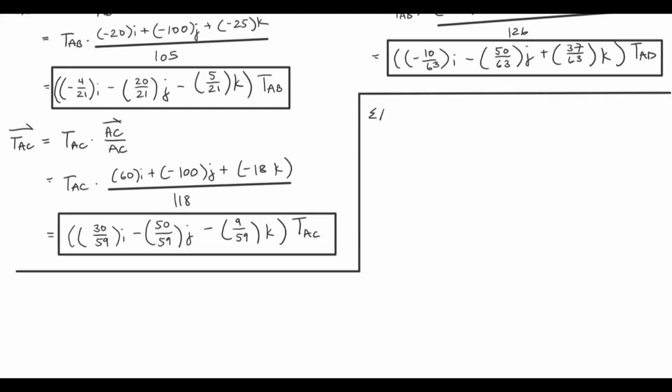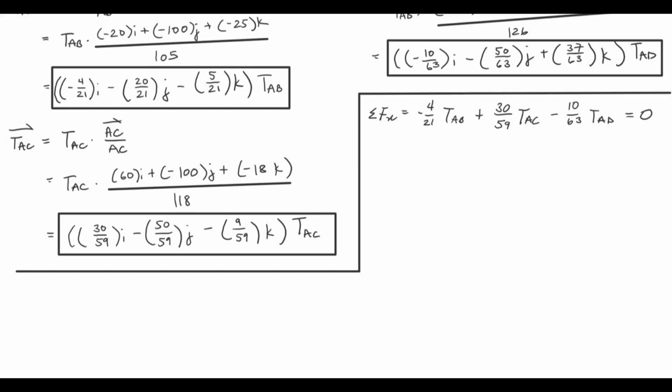So the sum of the forces in x direction would be equal to the summation of all the i components. So the sum of the forces in x direction is equal to minus 4 over 21 times tension AB, plus 30 over 59 times tension AC, minus 10 over 63 times tension AD. And this is all equal to 0.